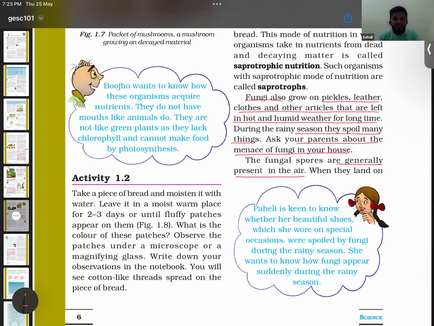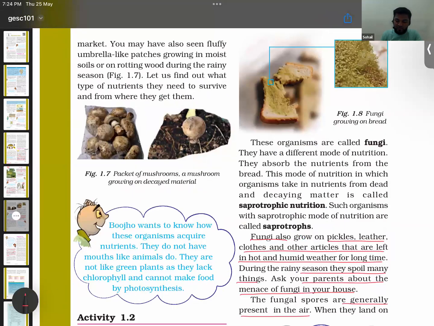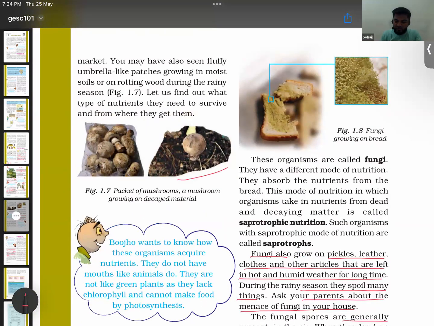You must have seen that bread catches fungus, and pickles and food items catch fungus too. So fungi are basically saprophytic organisms that feed on decaying matter. Here in the figure you saw, this mushroom is actually a fungus. This is also a type of fungus.